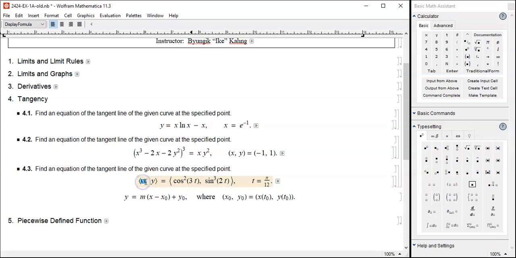Let's see. Blue is x, y is red, and this is the blue function, the x function, and then this is the red, y function. So x0, blue, is obtained by plugging in t equal to t0, and y0 here is obtained by plugging in t equal to t0, and that's it.